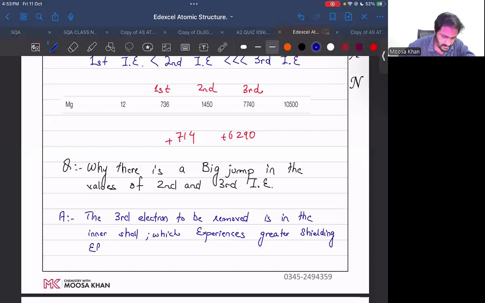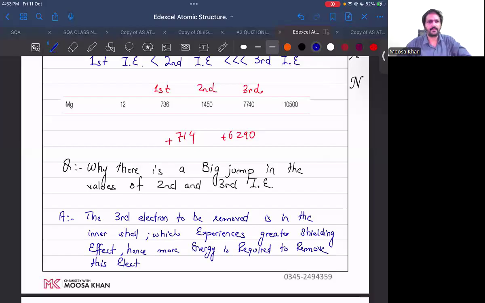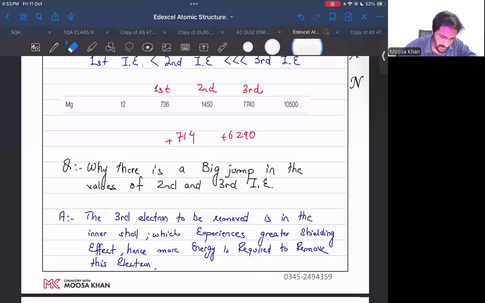Hence, more energy is required to remove this electron. Oh, sorry, it experiences lesser shielding effect. I have written greater shielding effect. It experiences lesser shielding effect.